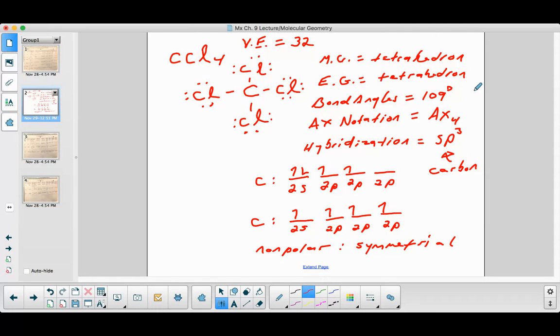So then another notation that we often use to generalize this is called the AX notation. And the AX notation just means that I represent the central atom with an A, and then I represent the terminal atoms with an X, and then identify how many terminal atoms I have. So there's my A, the carbon, and then my chlorines would be my X's, and I have 4 of them.